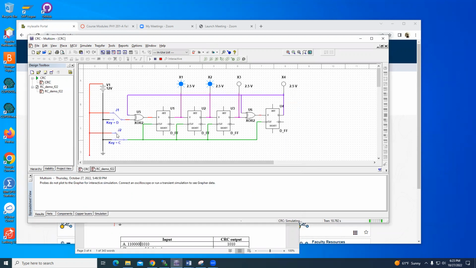Then the data was high at a clock cycle. Data high, clock cycle, data low, clock cycle, data high, clock cycle, data low, clock cycle. So that's how this game is played. You build the circuit.